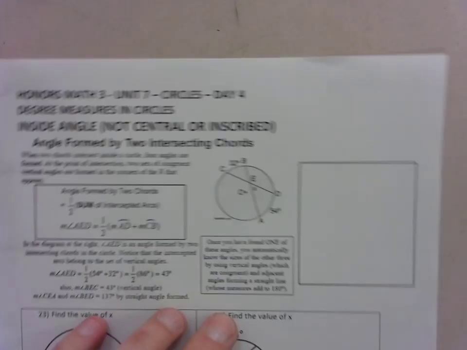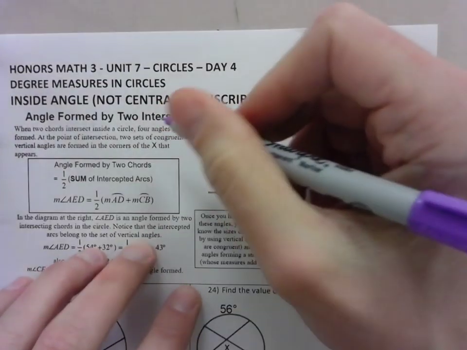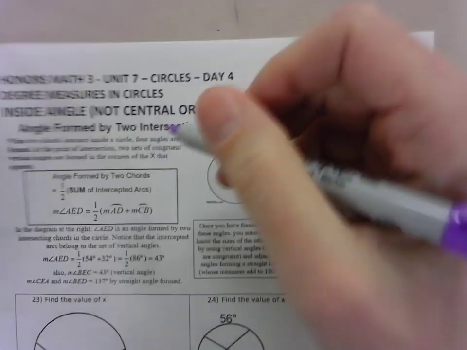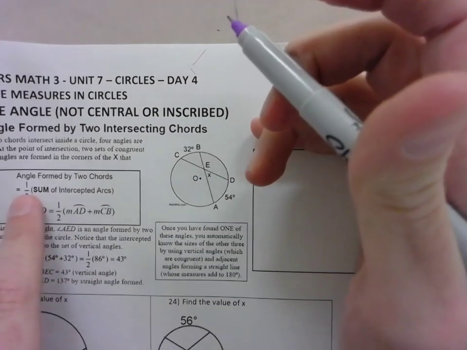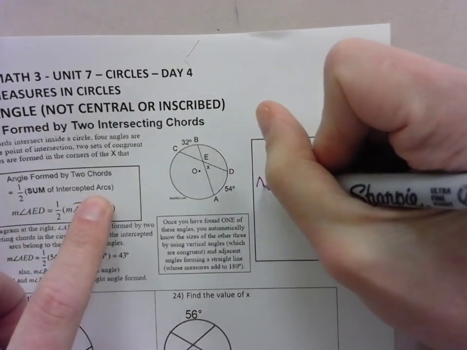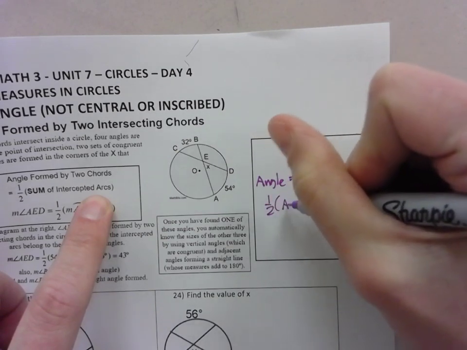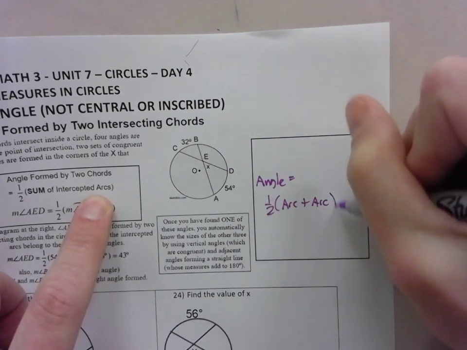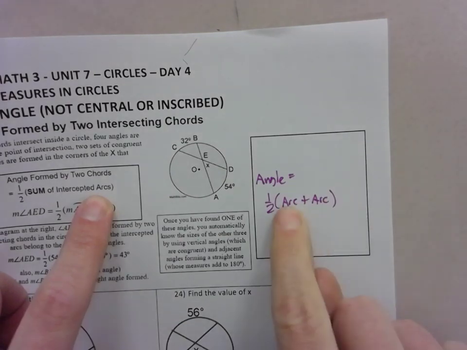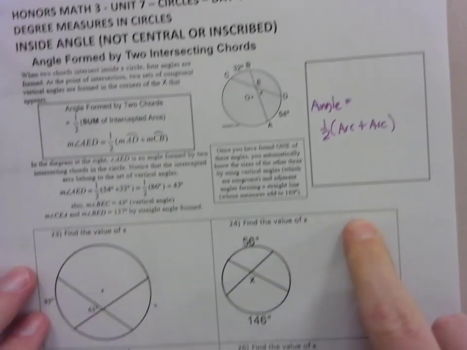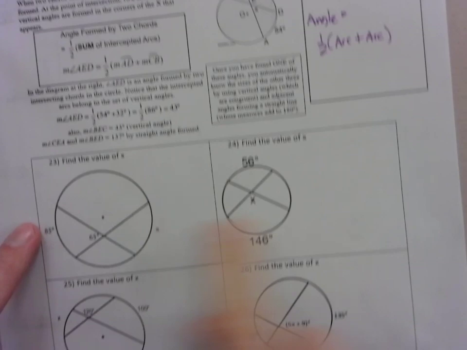I just say, they're going to be talking about two angles formed by intersecting chords. It's the sum of the intercepted arcs. I just say angle equals 1/2 parentheses arc plus arc, and just add the arcs together and divide by 2. So we can plug that into pretty much all of these formulas here.